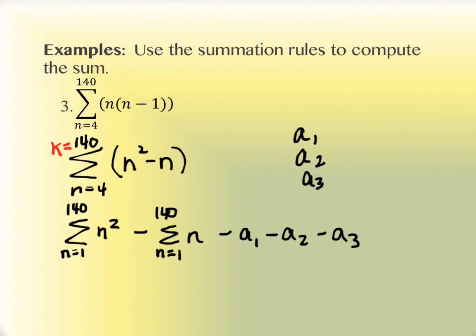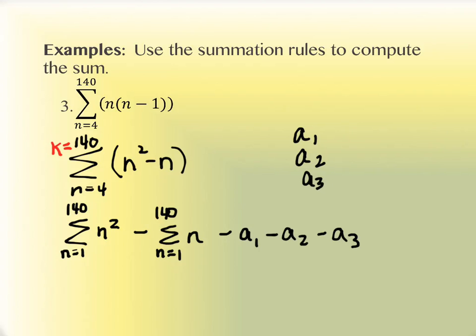It's a compensation. It's kind of like when you did completing the square. Do you remember completing the square? Parabolas and things, and you added in this piece so that you could subtract the piece on the outside of the parentheses? Or you added something on the left and then you added it on the right to compensate? That's what we're doing here. We're just compensating. And again, the reason we're doing it is because those formulas are all based on n starting at 1. So in order to use them, we have to start n equal to 1.